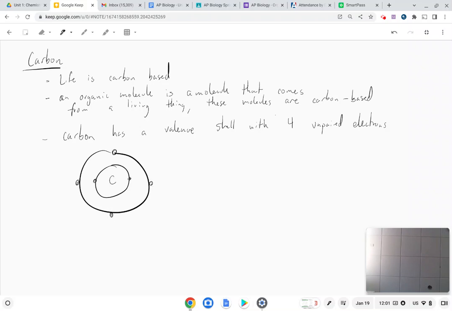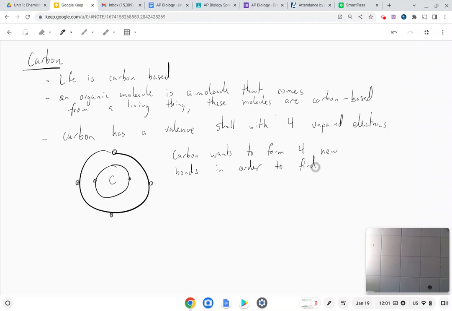So what this means is that carbon is totally ready to connect to other atoms. In fact, carbon wants to form 4 new bonds in order to find stability.